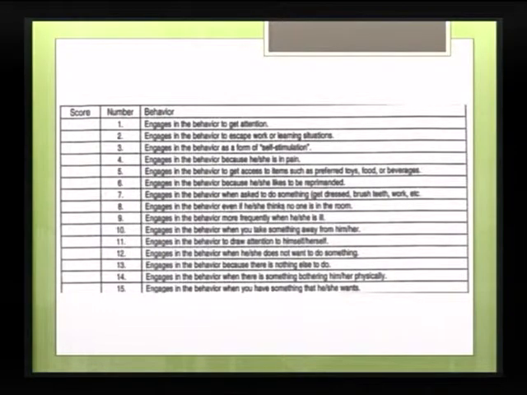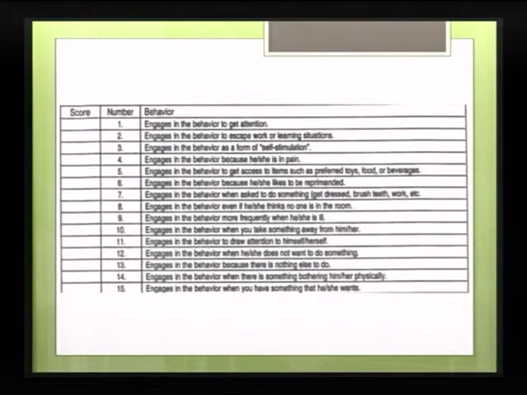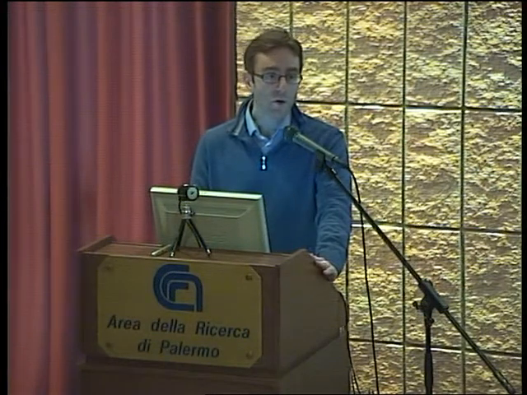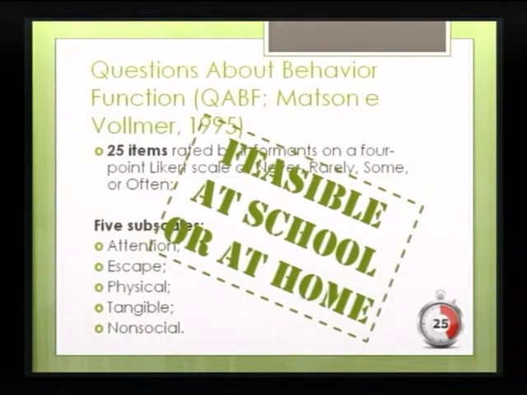Obviously, these items are related to the factors and dimensions that I told you before: attention, escape, physical, tangible, and non-social. So at the end, we can have an idea of which are the most maintaining functions for an unwanted behavior. As you can imagine, this is one of the most feasible methods at home or at school.